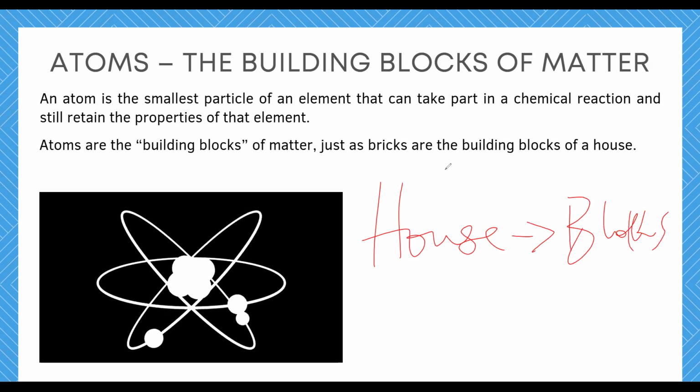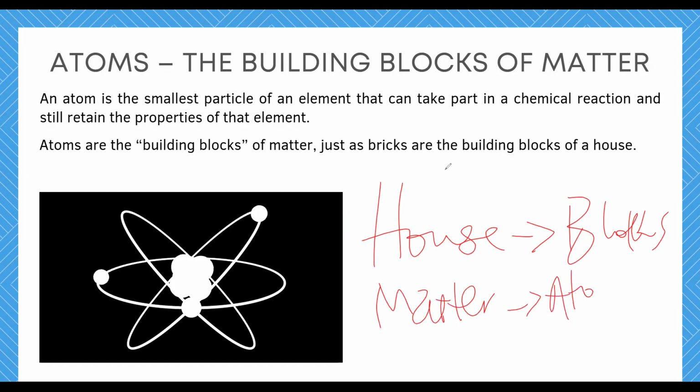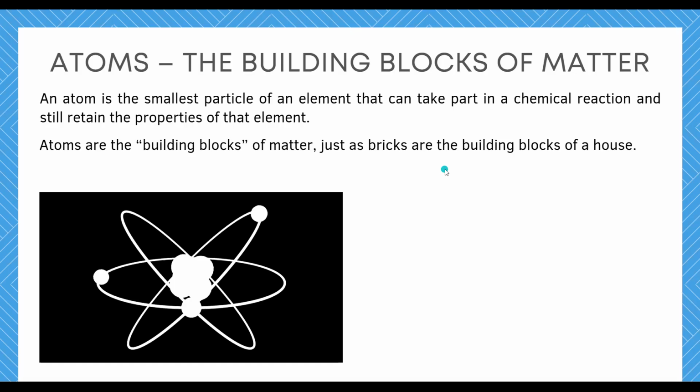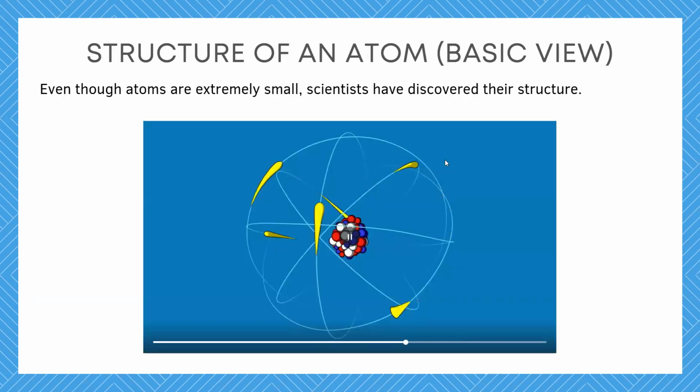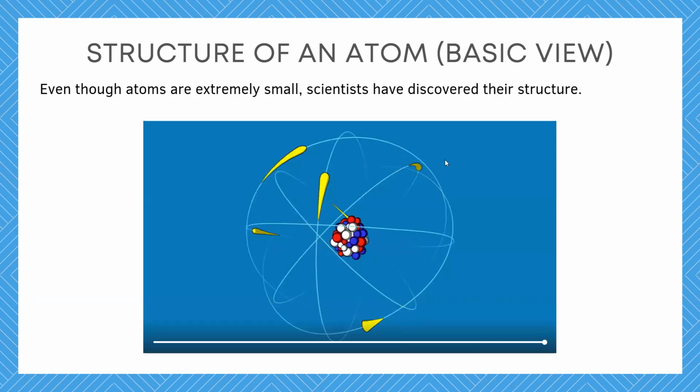Yes, sir. Good. When matter is to be built up, the building blocks that are used to make up matter are known as atoms. So we have trillions and trillions of atoms coming together to make up every form of matter you can see and interact with today.